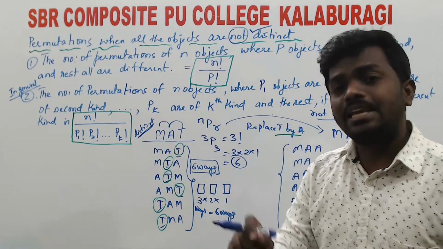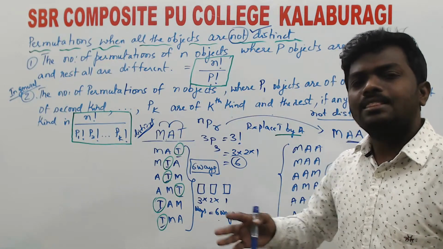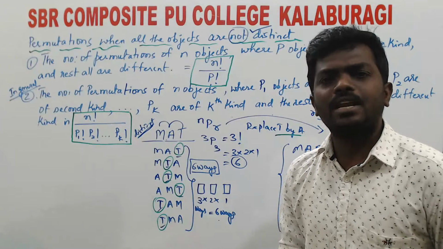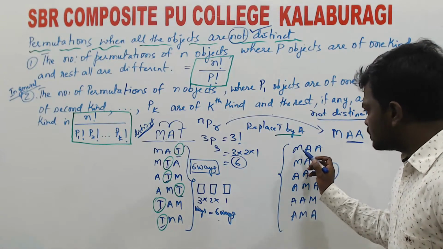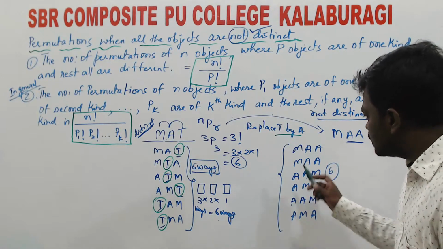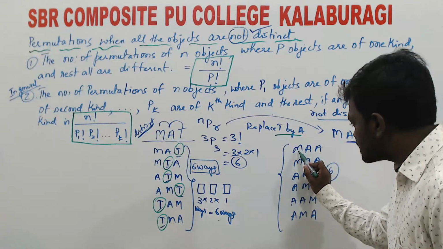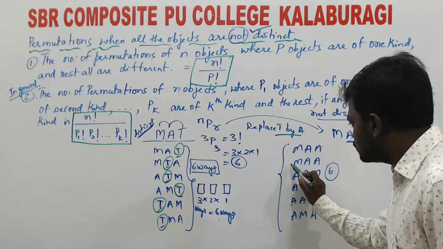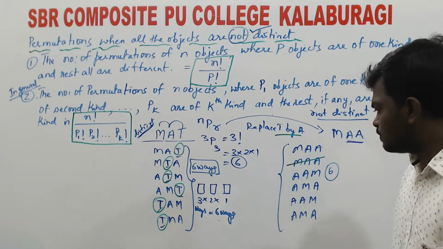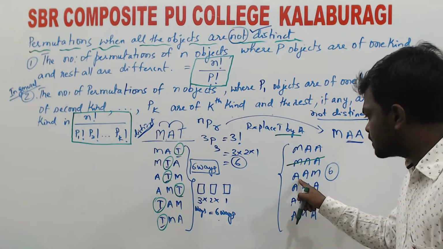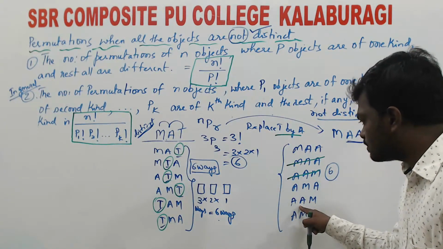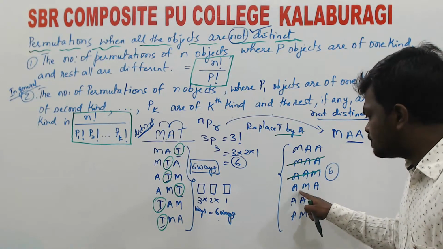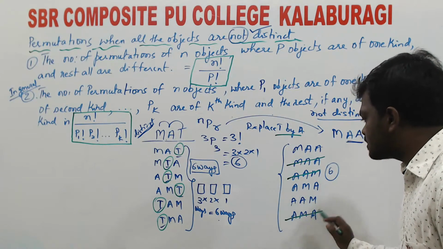But if you observe very carefully, among these there are many similar arrangements, which is not at all required. The first arrangement MAA is the same as the second one. The next arrangement AAM is the same as this one, and AMA is the same as this.